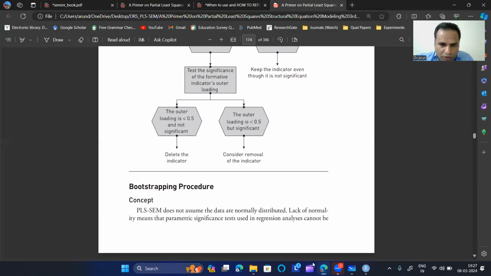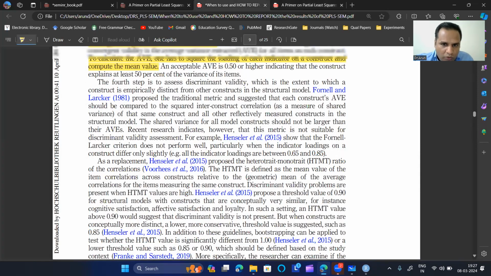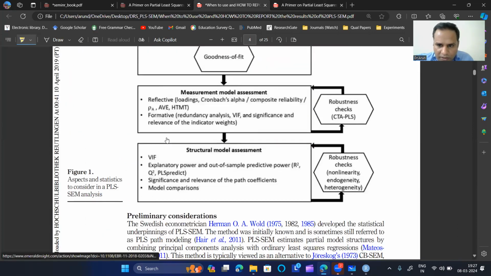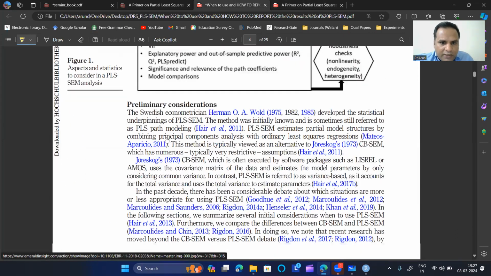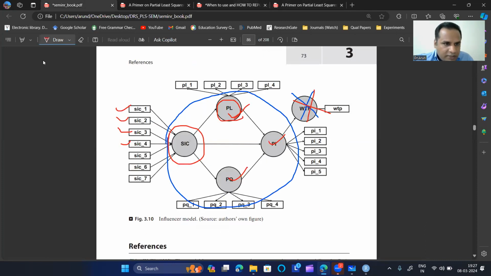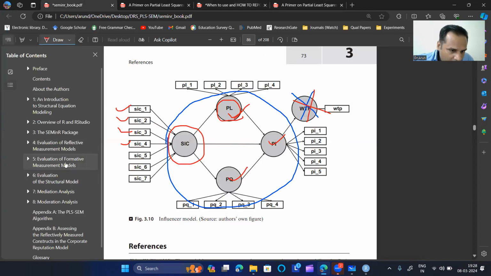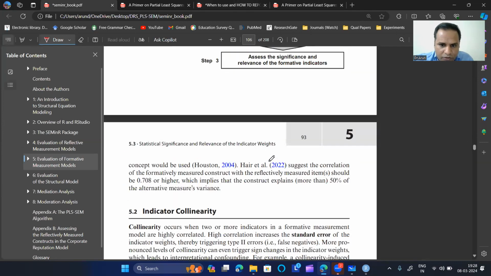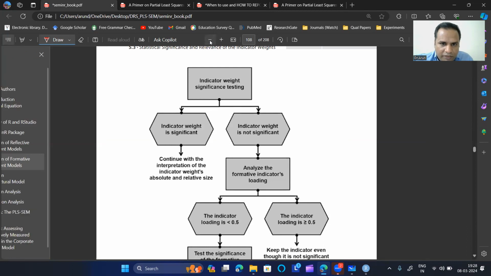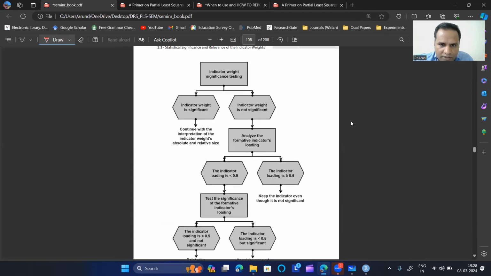By the way, it's a very good question that you have asked, and let me take you to this paper, Felix ji. It will address all your concerns. Just a second. No, not this paper. It is in the primer. Just a second. If I go here, formatively measured. So Felix ji, this is what we need to follow. In fact, I followed this first.